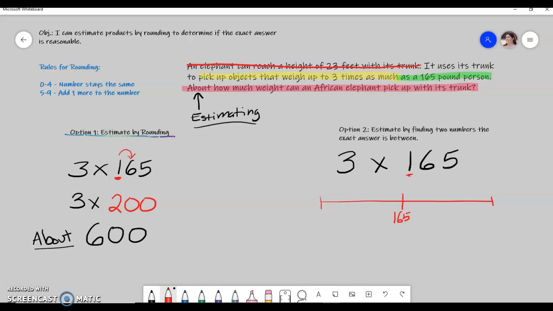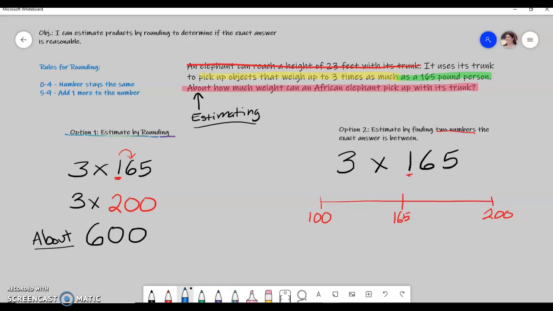So I could say that my higher end is 200, and then if 200 is my high end, what would be 100 less than that? That would make my low end 100. Right, because we want to estimate by finding two numbers the exact answer is between. So I can figure out two different answers between 100 and 200.